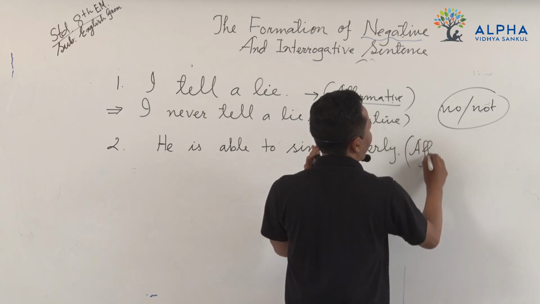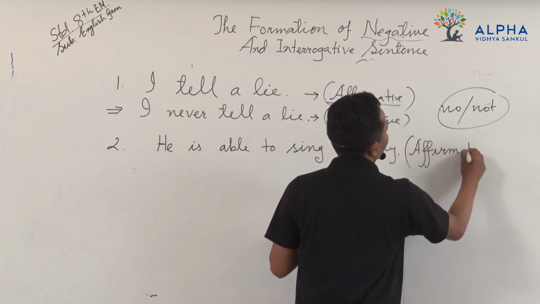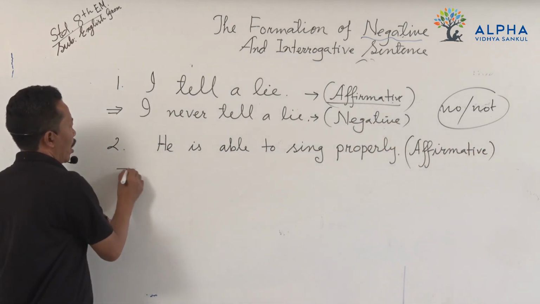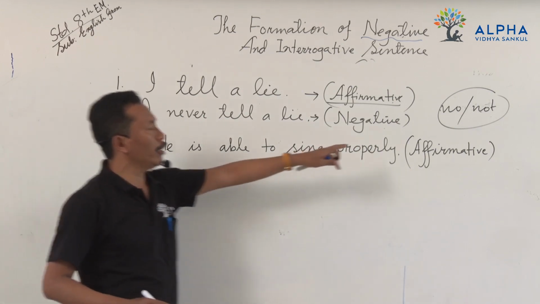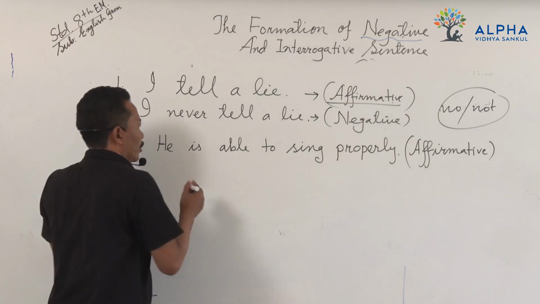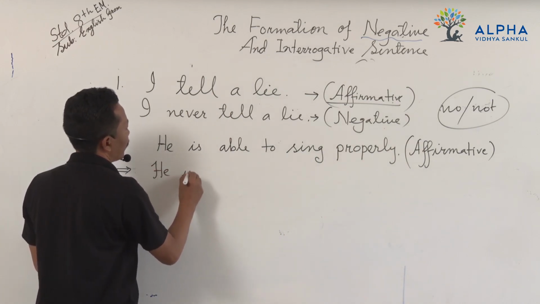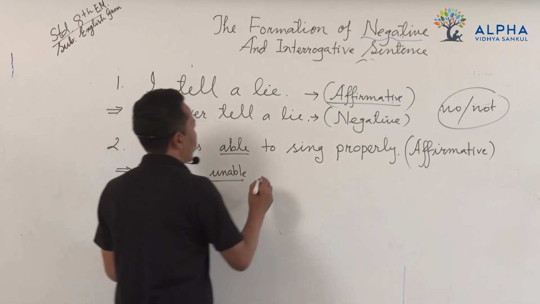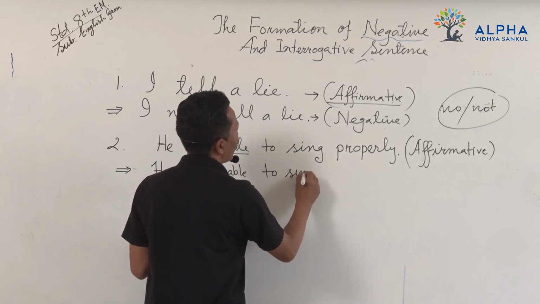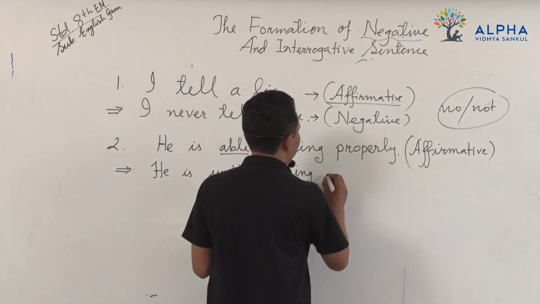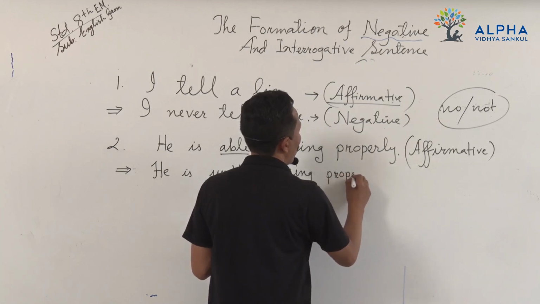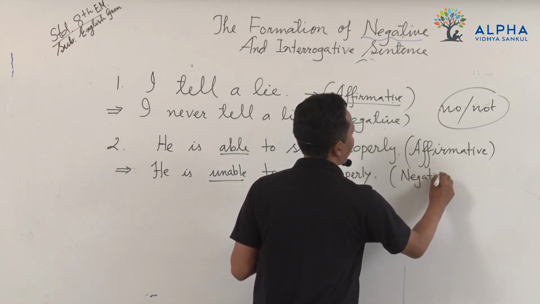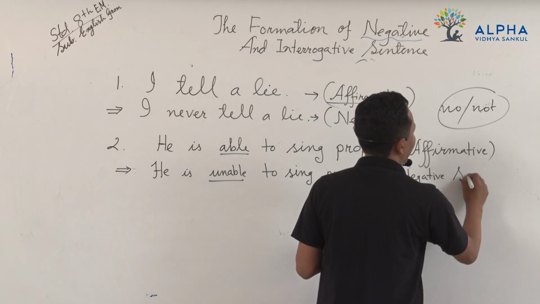Affirmative sentence. Now I will make this sentence without no or not. I can make, see, he is unable. Able changes into unable to sing. He is unable to sing properly. Now it becomes negative sentence.